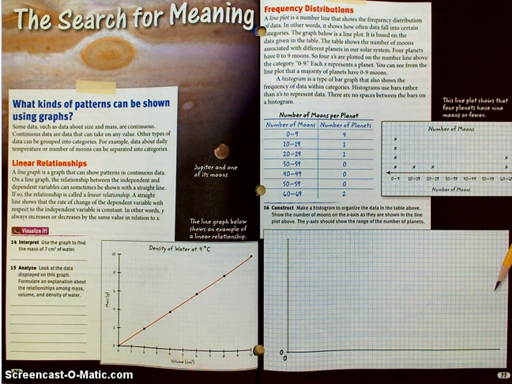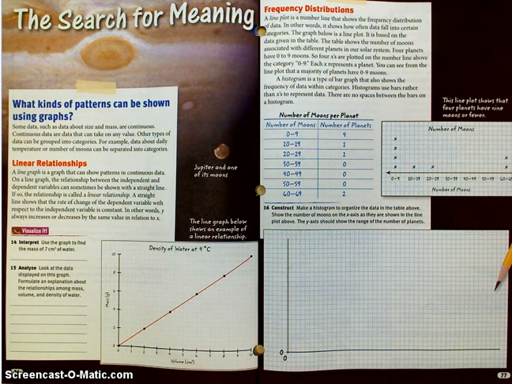So the volume is 1 when the mass is 1. The volume is 2, go up to the line, go over and read the y-axis, the mass is 2. So for each increase in the x-axis, the y-axis increases for this one by the same amount.